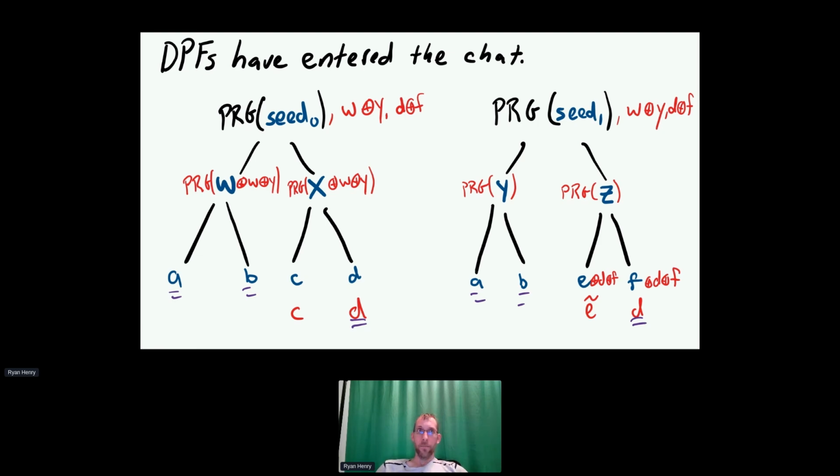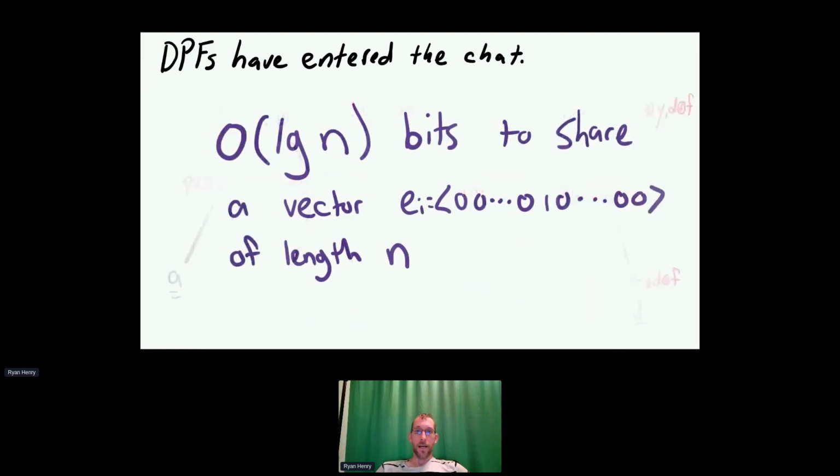We still have a bit of a problem if we want to take this tree and actually reconstruct all of the leaves, because we're still going to end up with a vector that's like 2 to the 64 bits. But we've done something useful.